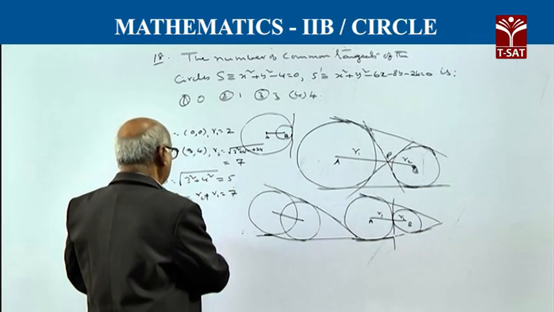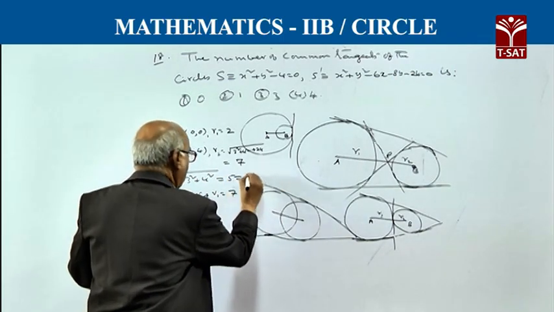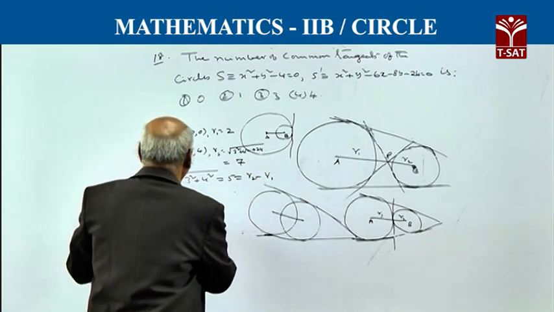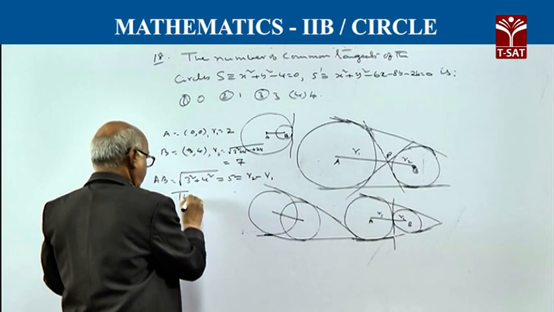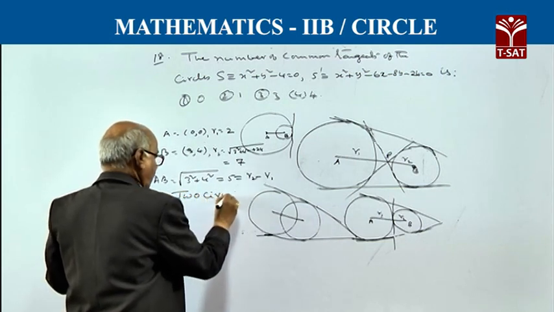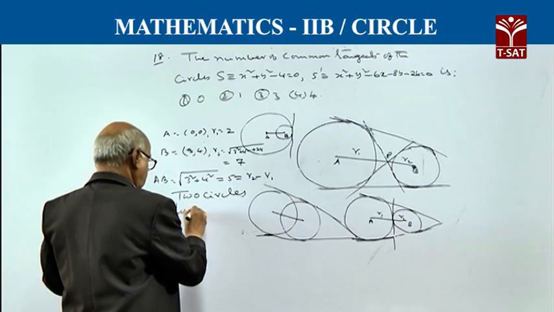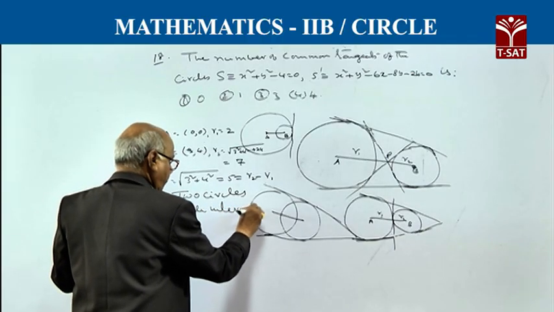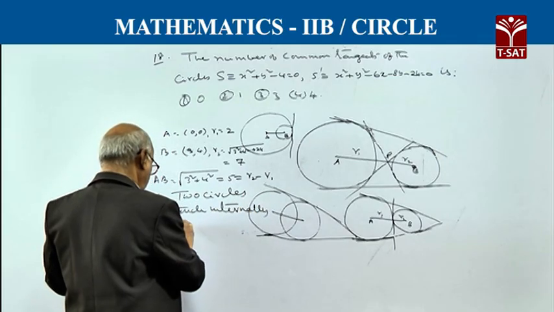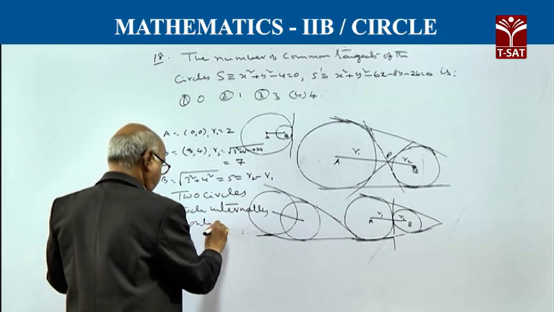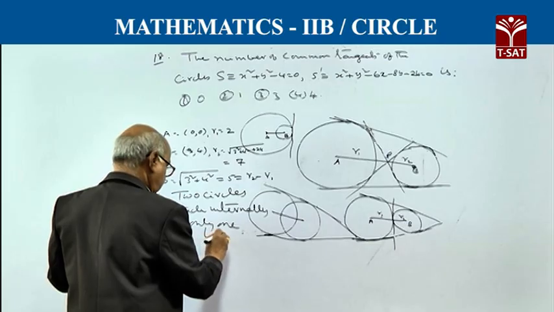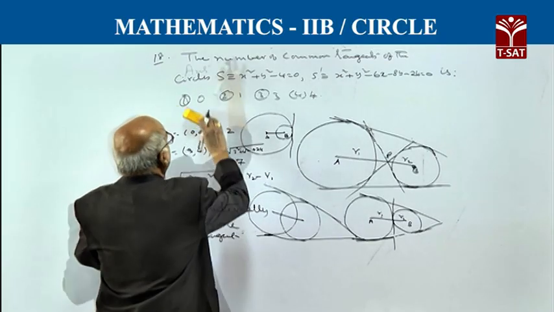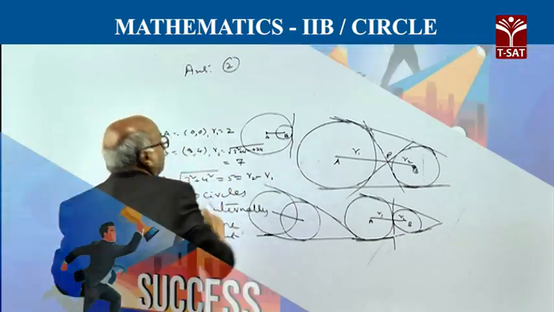See, AB is equal to 5 and this is R2 minus R1. So, therefore, the two circles touch internally. So, therefore, only one tangent. So, the answer is option number 2.